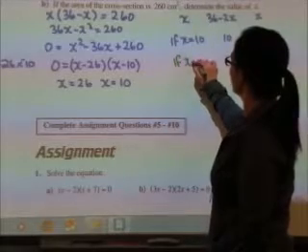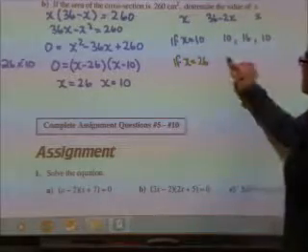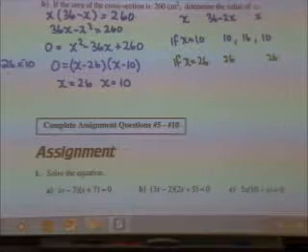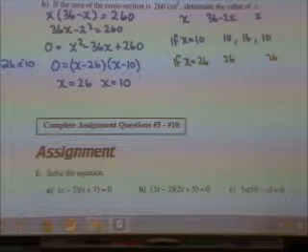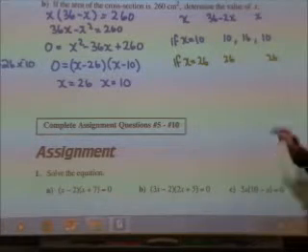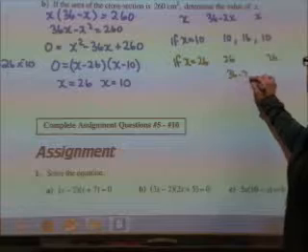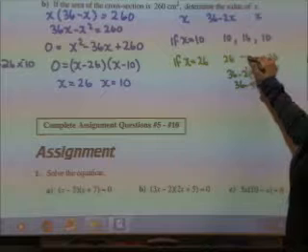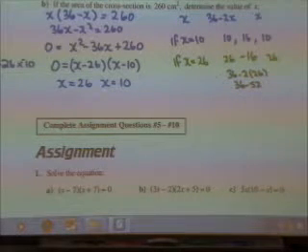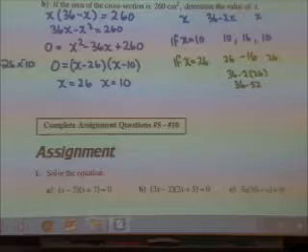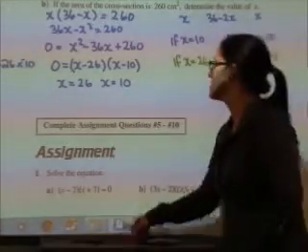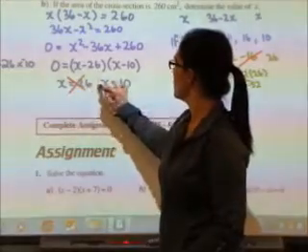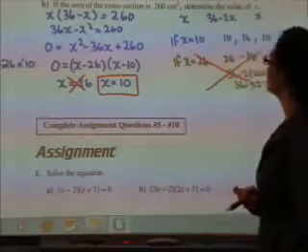If x equaled 26, I get my 26 here and my 26 there. And then in the middle, 36 minus 2 of those 26s, which is 52, I get a negative 16. Remember what I said, I can't have a negative length. So this is not possible, which means x has to be equal to 10.